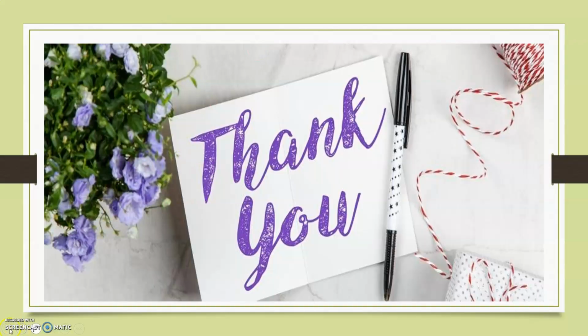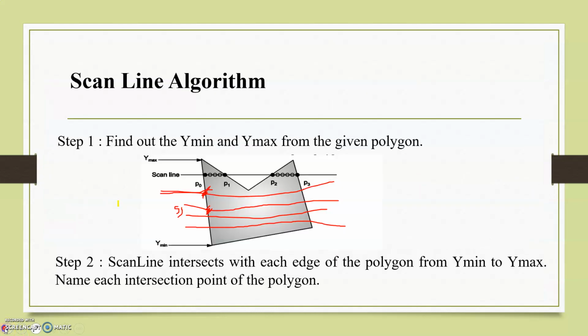Now let's revise our scanline algorithm. In the scanline algorithm, you consider a particular polygon. The first step is to find the y-min and y-max coordinates. In the second step, the scanline intersects with each edge of the polygon from y-min to y-max, and you name each intersection point.